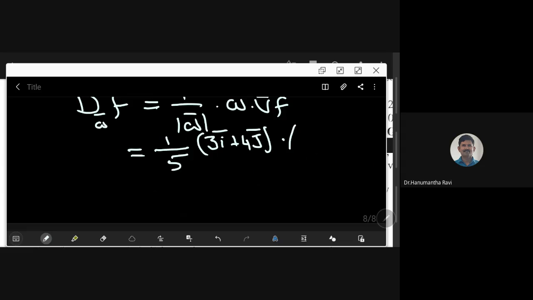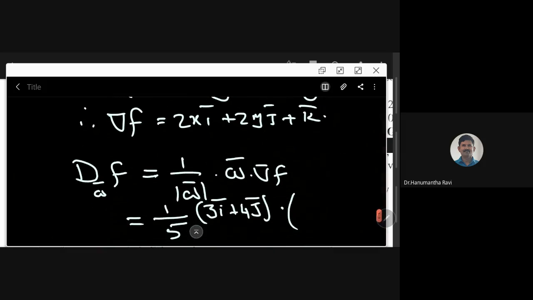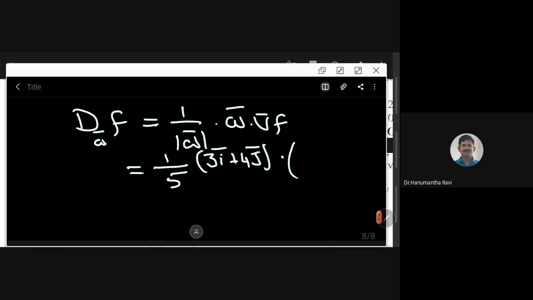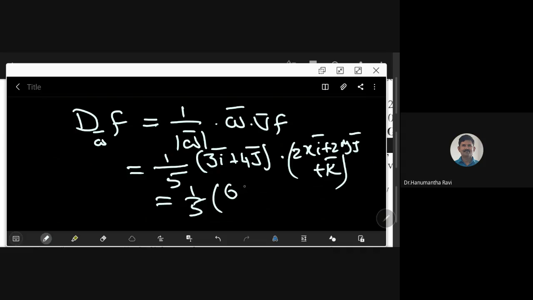Dot, what is your grad f? So grad f is 2x i bar plus 2y j bar plus k bar. So this is equal to 1 by 5 into 6x plus 8y.